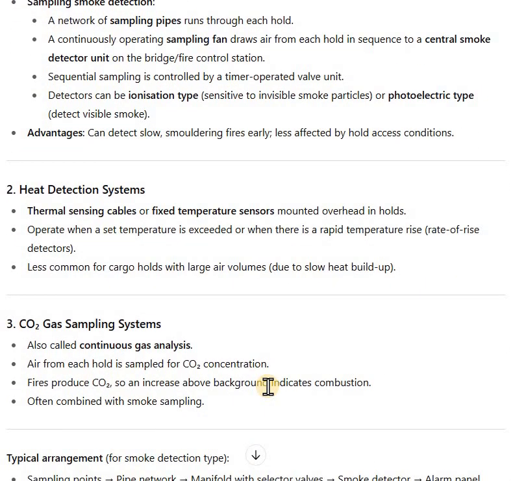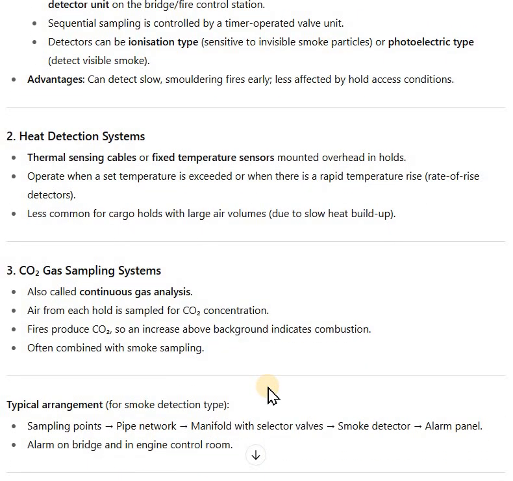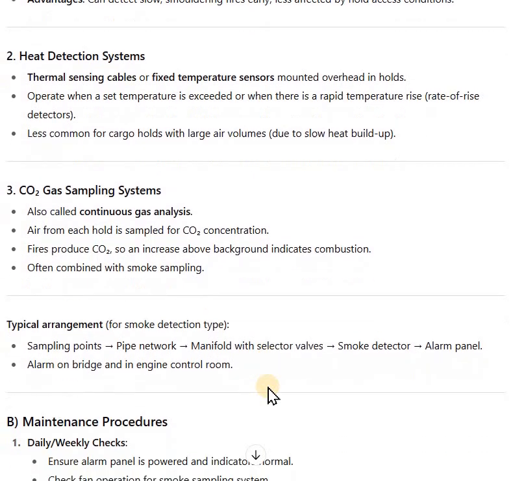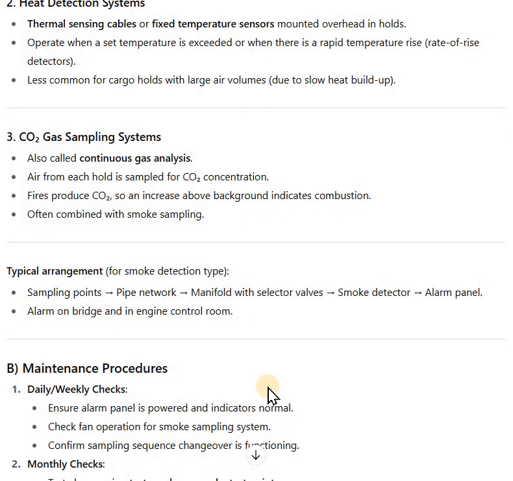Coming to heat detection: thermal sensing cables or fixed temperature sensors mounted overhead in holds operate when a set temperature is exceeded or when there is a rapid temperature rise. Less common for cargo holds with large air volumes. CO2 gas sampling systems, also known as continuous gas analysis: air from each hold is sampled for CO2 concentration.